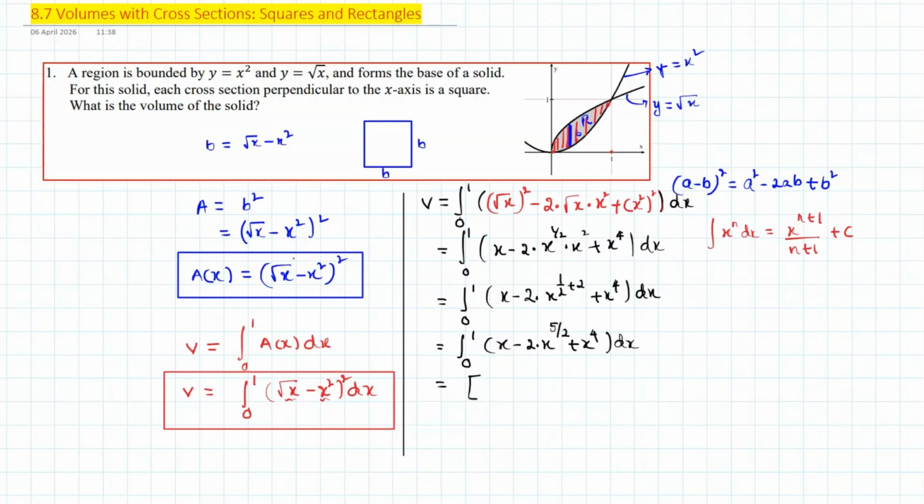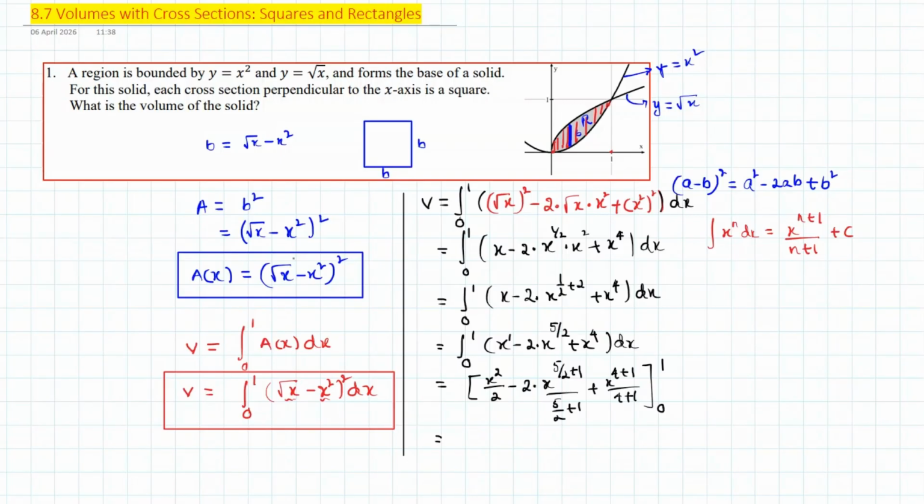The integration of x is x to the power 1 plus 1, that is x squared over 2, minus 2, the constant, times the integration of x to the power 5/2, which is x to the power 5/2 plus 1 over 5/2 plus 1, plus the integration of x to the power 4, which is x to the power 4 plus 1 over 4 plus 1. We have to substitute the limits 0 to 1.